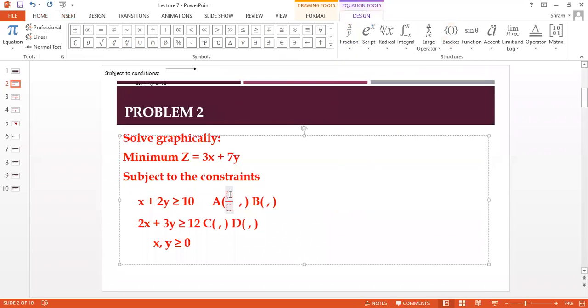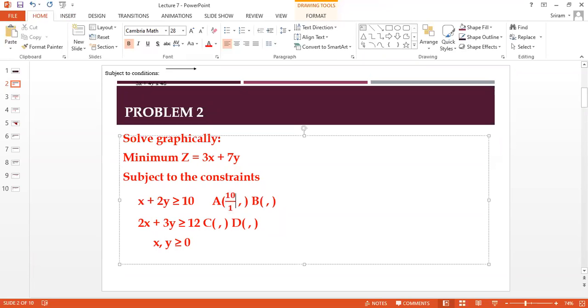What is the coefficient of x here? 1. And we assume the value of y as 0.